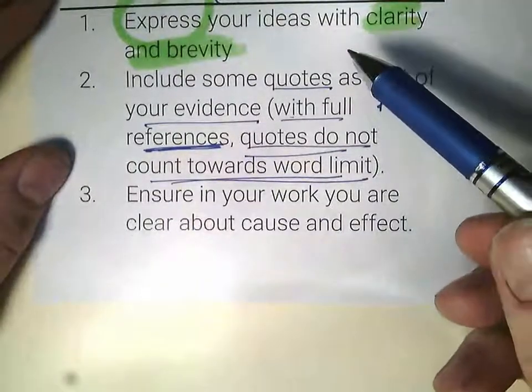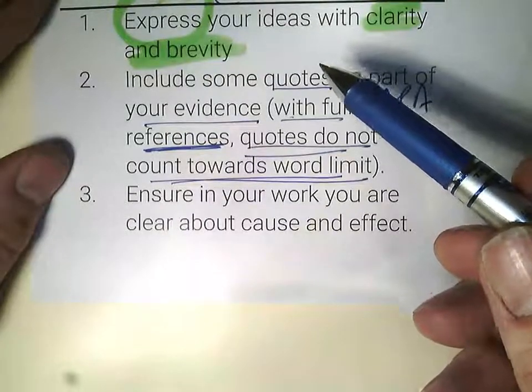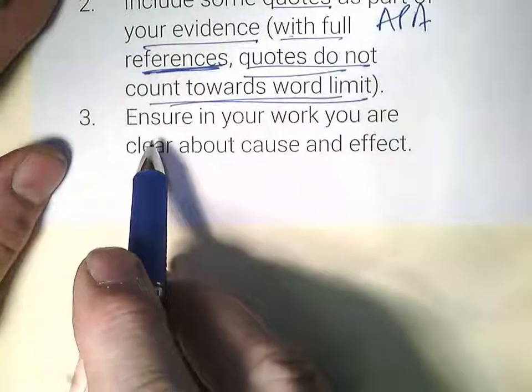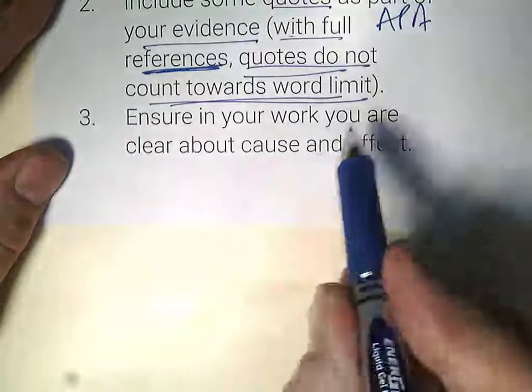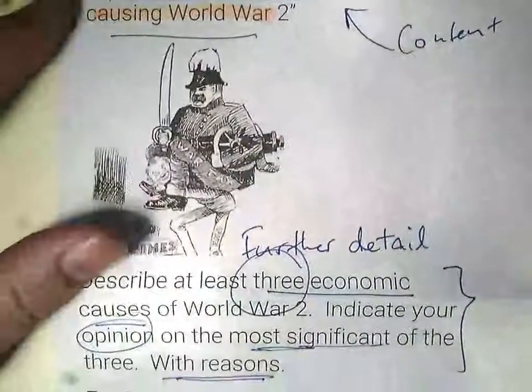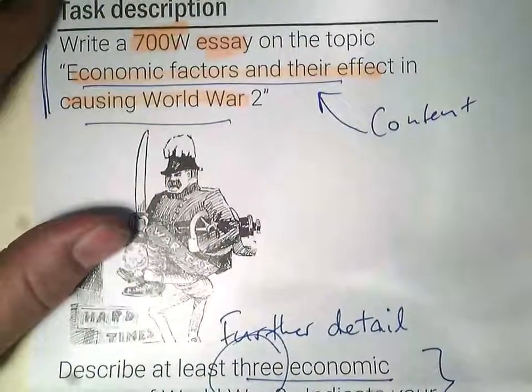So you are converging on more clarity about the task. And finally, ensure in your work you are clear about cause and effect. So there we have it, a rough and ready task description for an assignment.